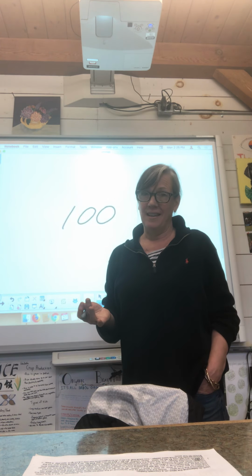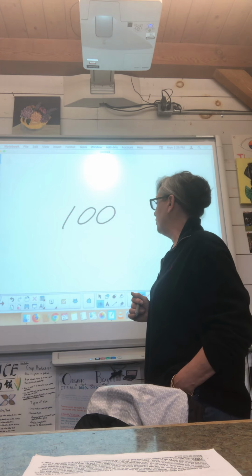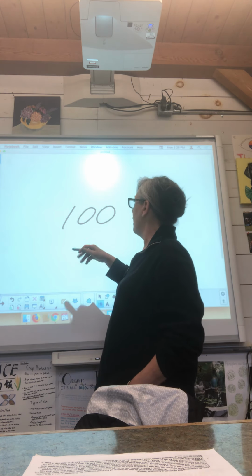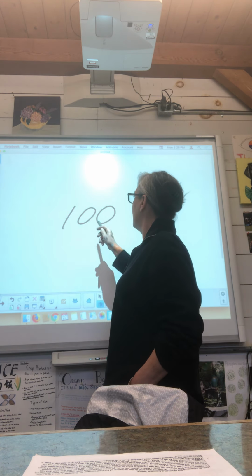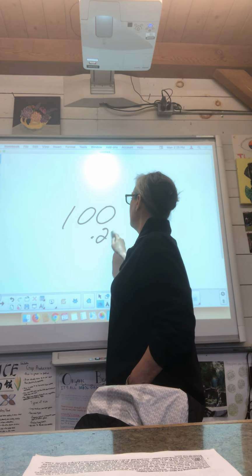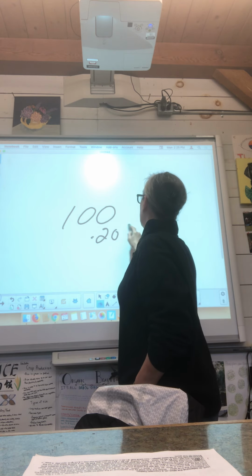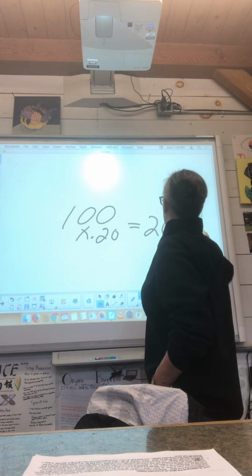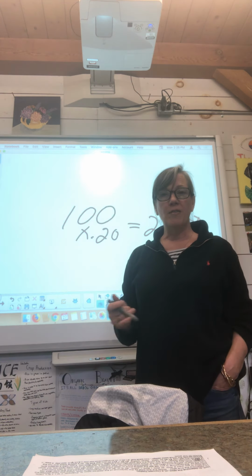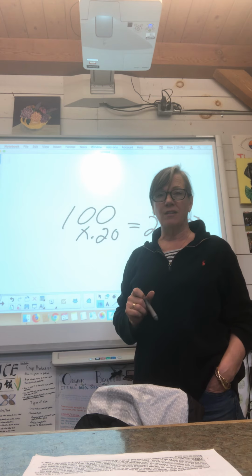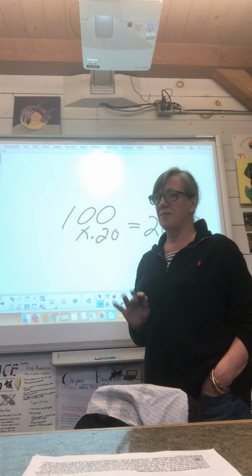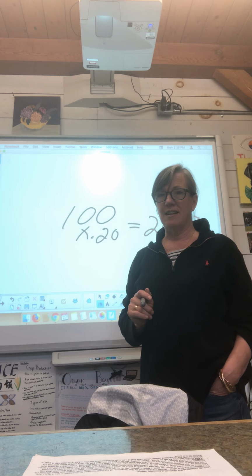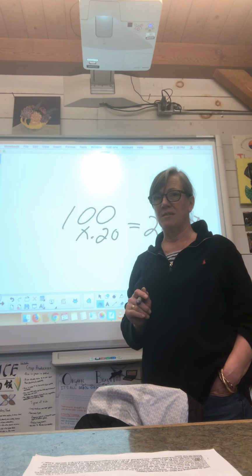That's what works for me. You can use your calculator. You could multiply 100 times 0.20, and that's going to give you your $20 for your 20%. So whatever way that 20% calculation works for you, different people have different tricks, and I always like to hear how people use their mental math.